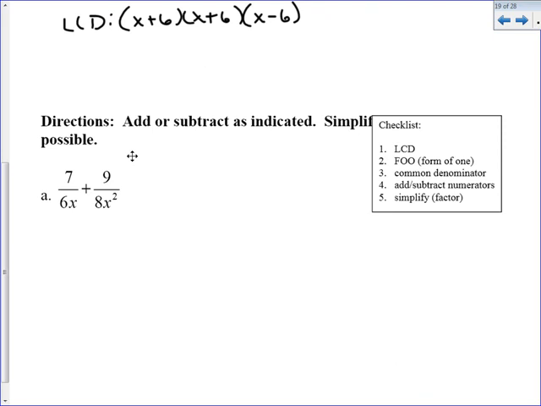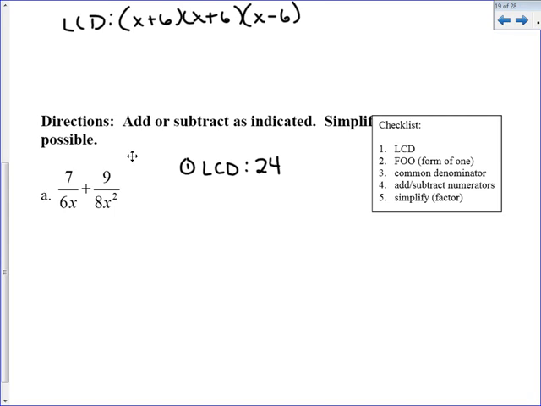So the new step today is, first thing we need to do is identify our lowest common denominator. My denominators here are 6x and 8x squared. This is for monomials. Start with the numbers. Pretend you're back in basic math, and you're adding something with a denominator of 6 and a denominator of 8. 24. 24 is the smallest number I can divide by both 6 and 8.